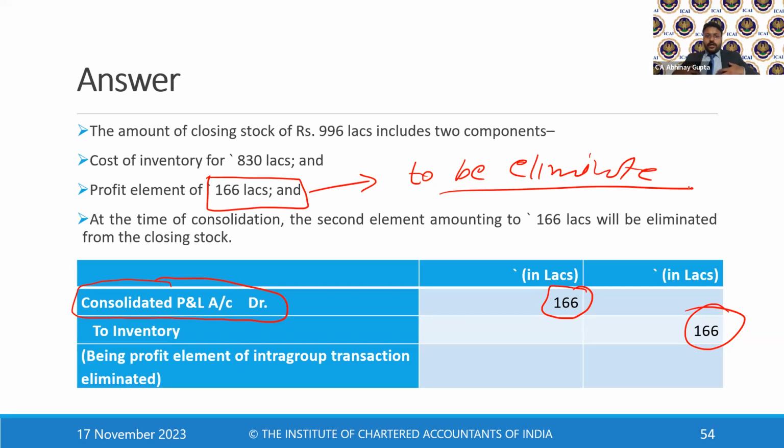Because I cannot earn profit by making sales to myself, because from the perspective of the group, this transaction of purchase and sales is happening within the group. So by the group to the group. So I cannot sell my inventory costing rupees 830 lakhs to myself at 996 lakhs and make a profit of 166 lakhs in my P&L.